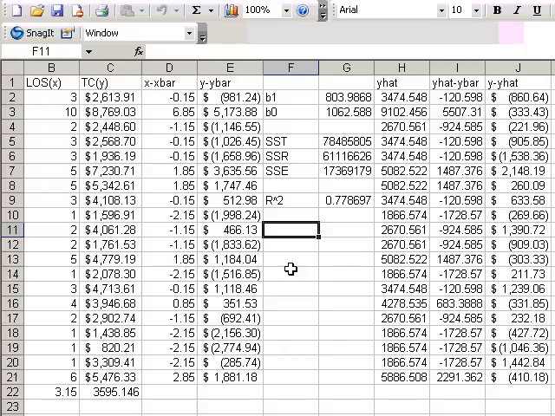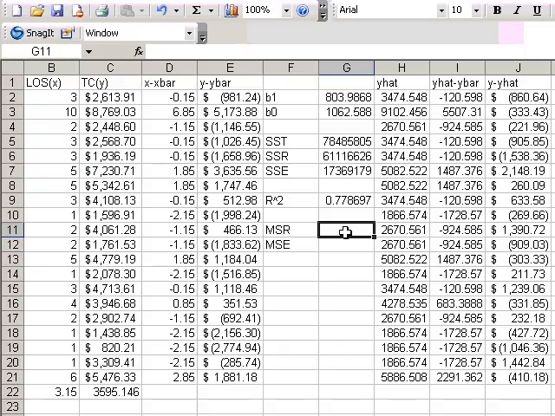As was true in analysis of variance, we will use the mean square due to regression, which is the sums of squares divided by the appropriate degrees of freedom, and we will use the mean square error, which is again the sums of squares error divided by appropriate degrees of freedom.